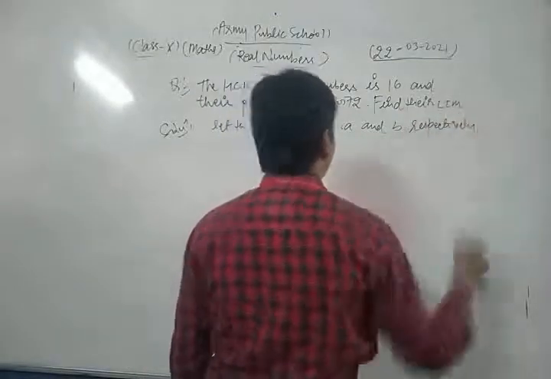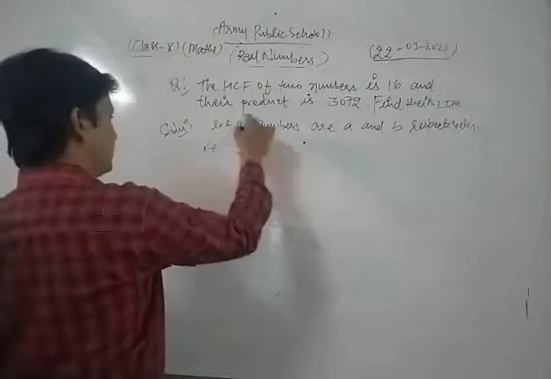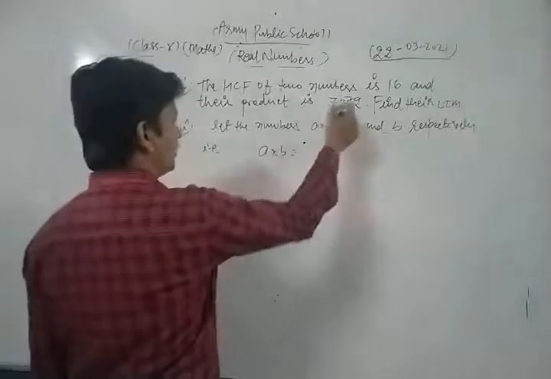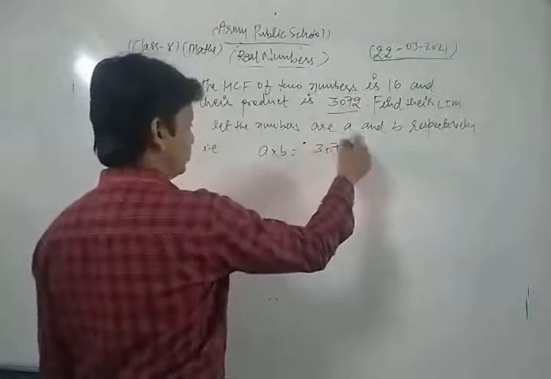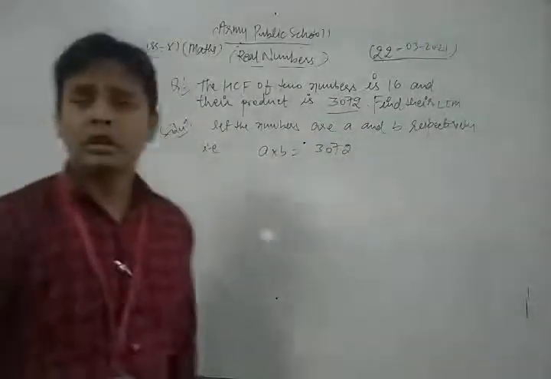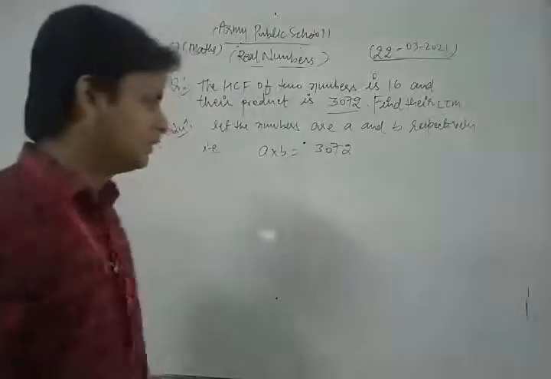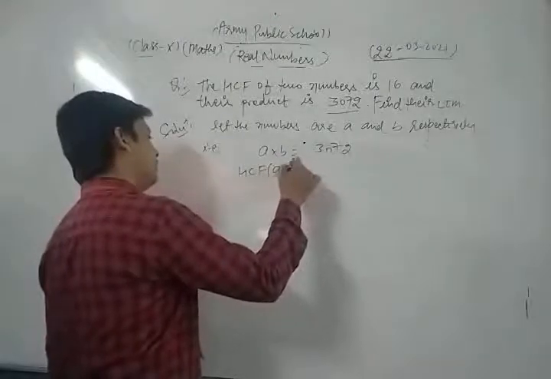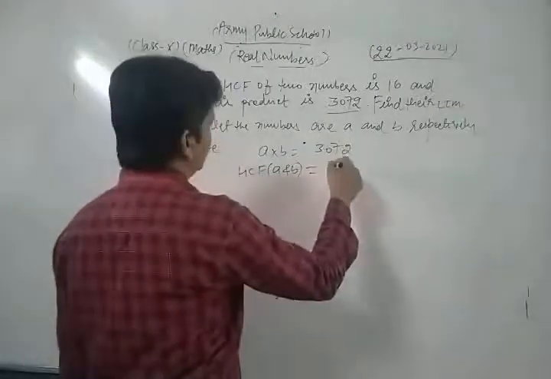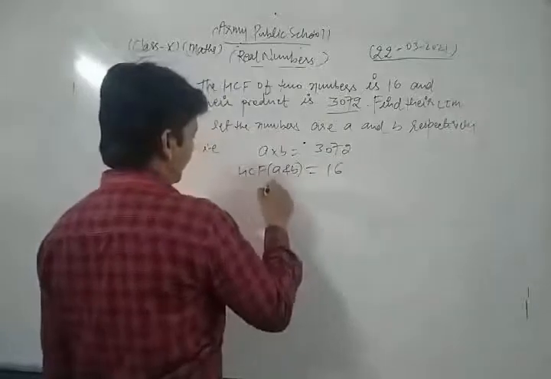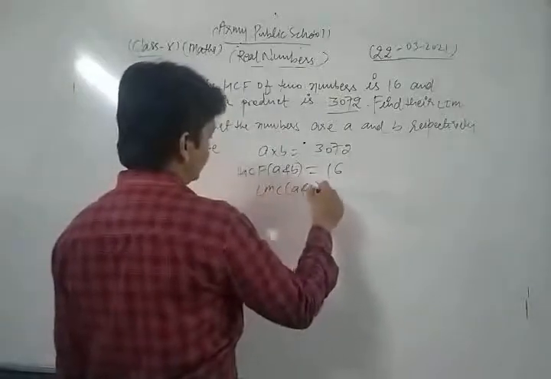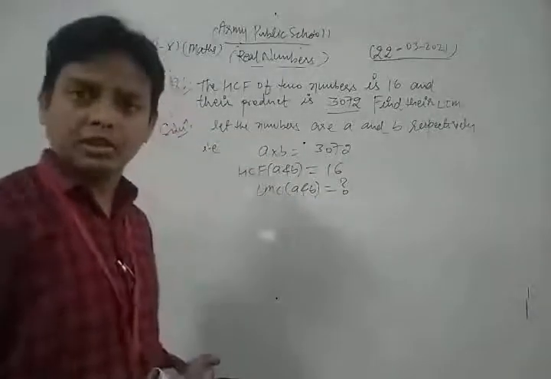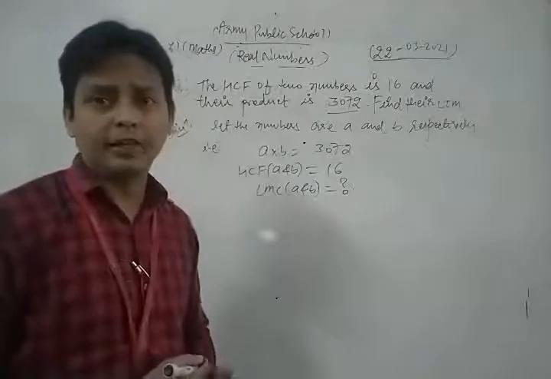The product of the two numbers is given, that is A into B is 3072, and the HCF of A and B is given as 16. We find the LCM of A and B.